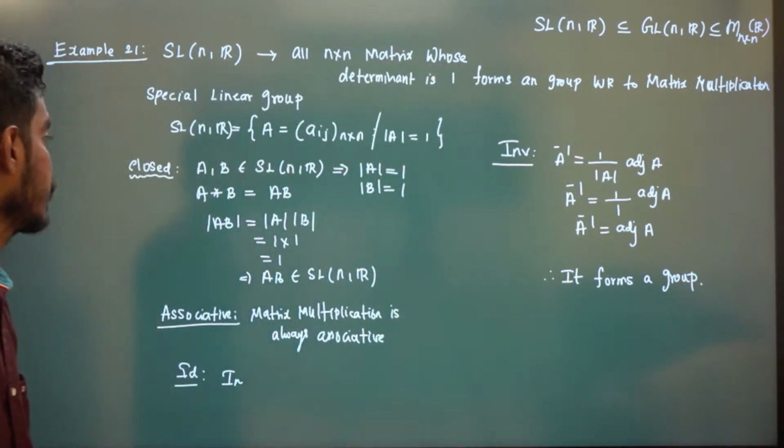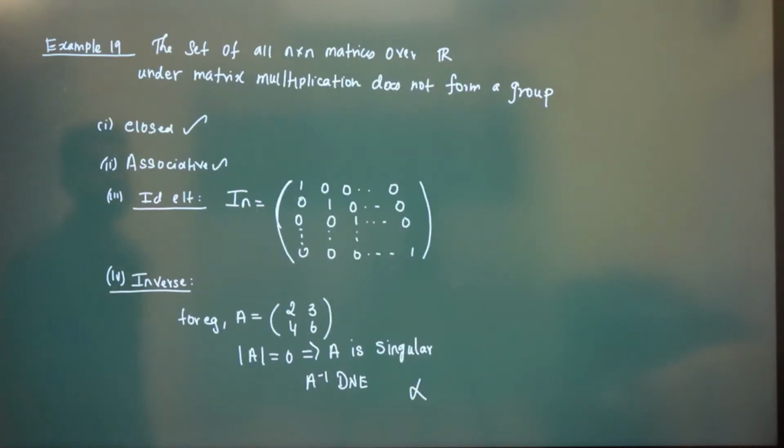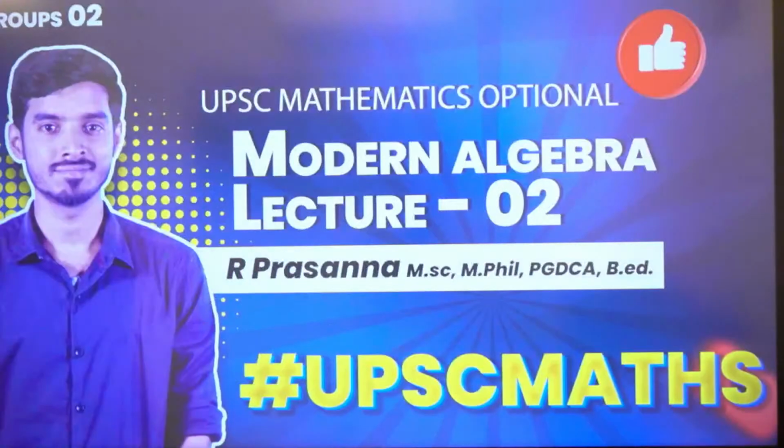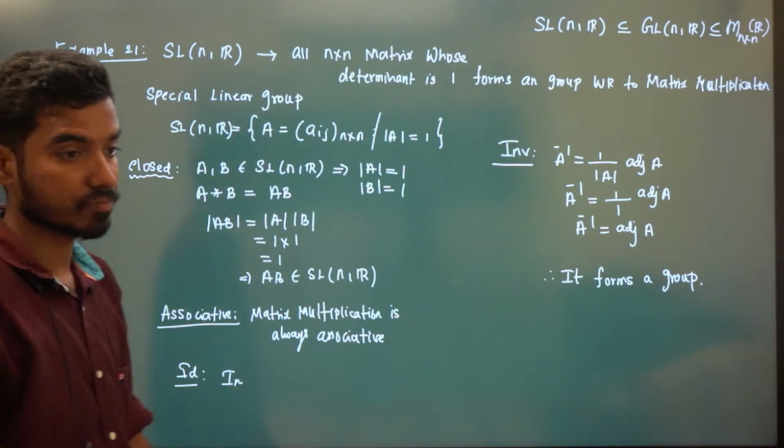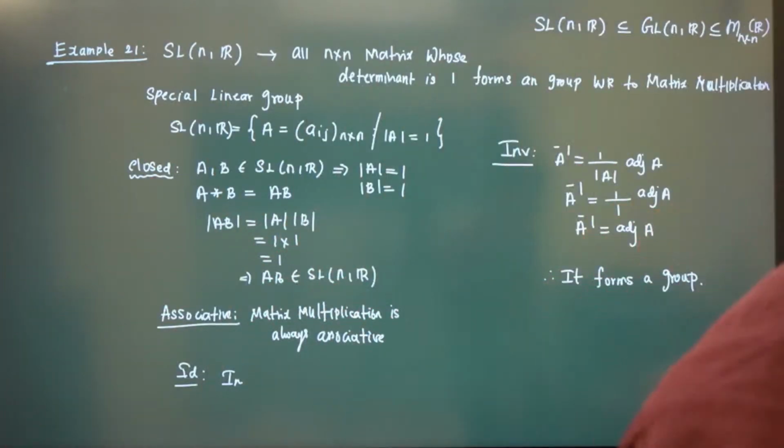Is it clear? Are these 5 examples clear? All these are based on matrices, right? 18, 19, 20, 21. Okay, these 4 examples. Are these 4 examples clear? Is it clear, right?